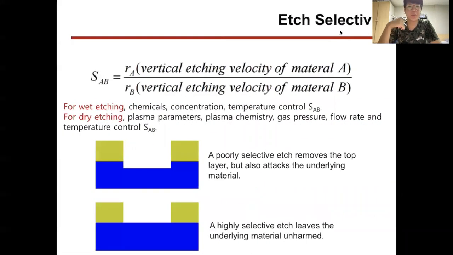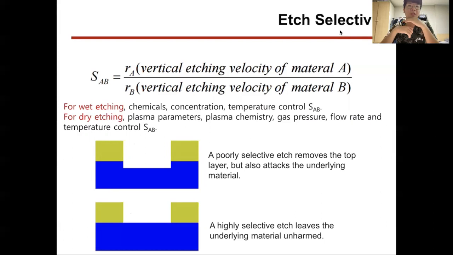And there is etch selectivity. Etch selectivity means that if there are two materials, like here, if we say that the upper side is the PR and the lower side is silicon, the etch selectivity is defined as the difference between the etch rates of the materials.